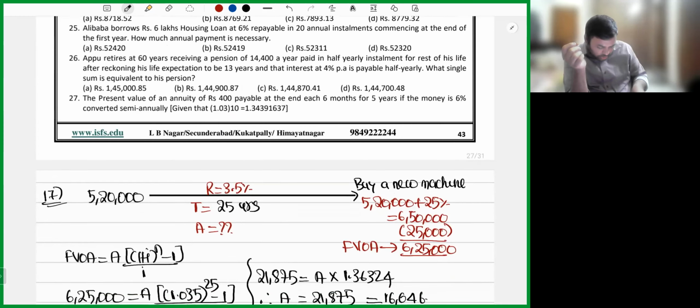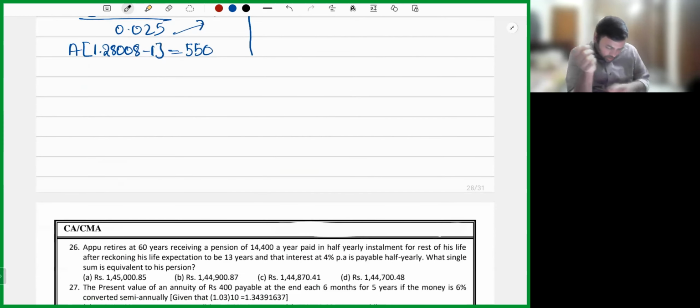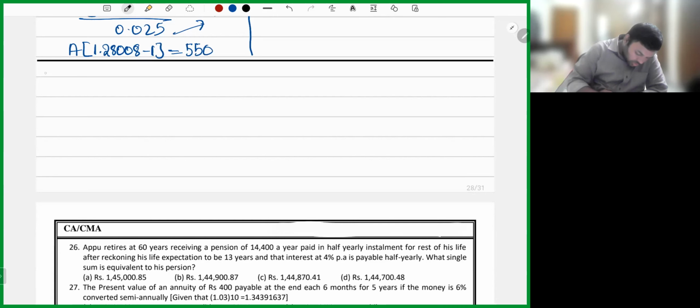Let me explain this question number 23 more clearly. What's happening? He's telling a person bought a house by paying 20,000 cash down. Already he paid 20,000. Now how much is he paying?